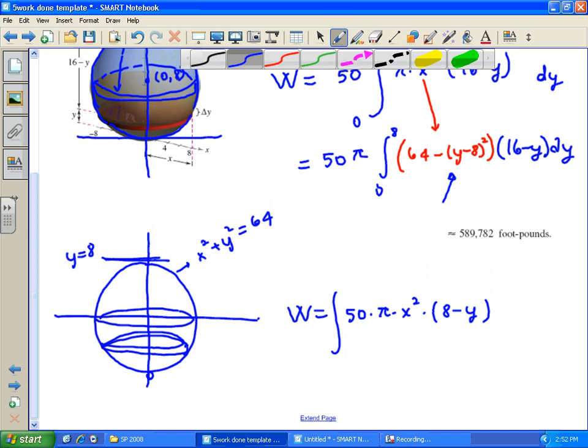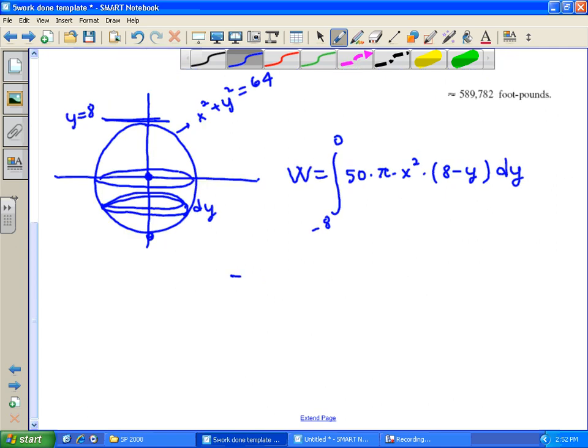And since it's half full, we're going from here to here in terms of how many slabs we have originally. The slabs originally are from -8 to 0. And once again, the thickness of the slab was dy. And finally, we just need to replace x squared. Let me factor out the constants.